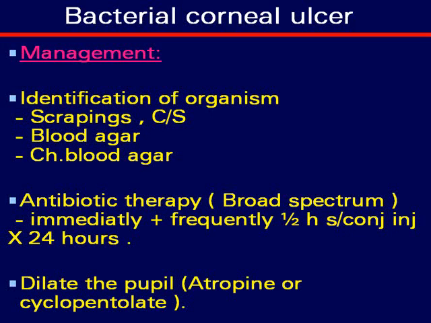After identification of the organism, we have to start broad spectrum antibiotics, usually with rapid frequency, half hourly or hourly. We also give subconjunctival or subtenon injections of antibiotics. On top of this, we have to dilate the pupils for two reasons.